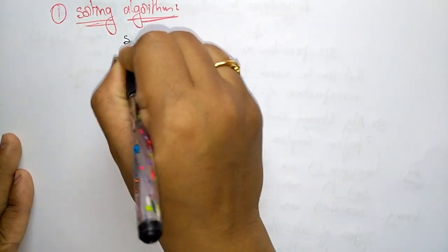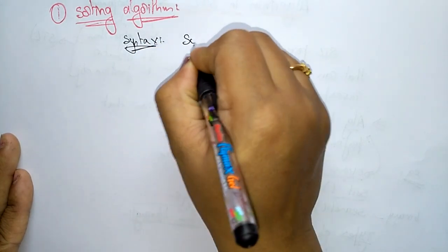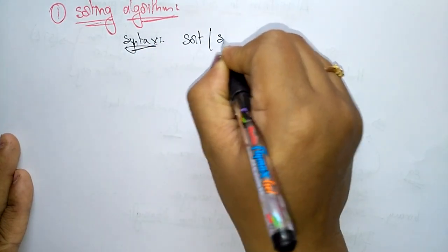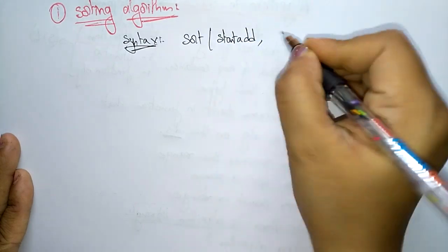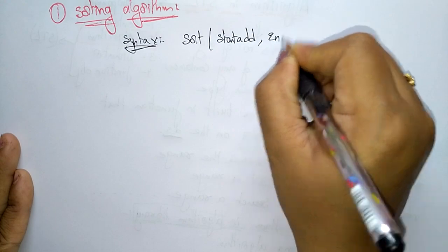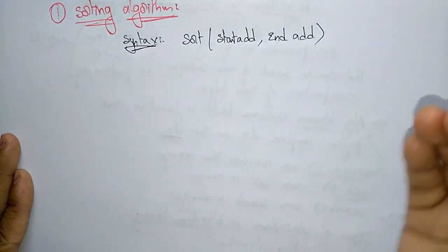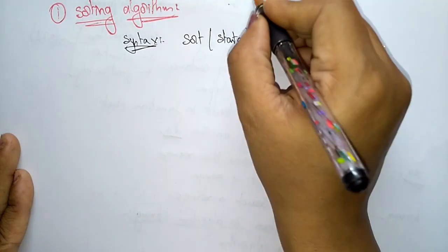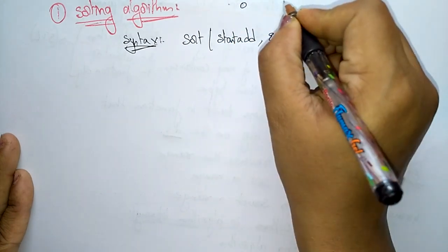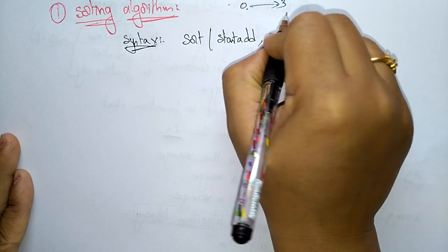The syntax for sorting is sort, with the start address and the end address. You have to give the start address and end address of the elements. Suppose 4 elements are present, so 0 to 3: the start address is 0 and the end address is 3.